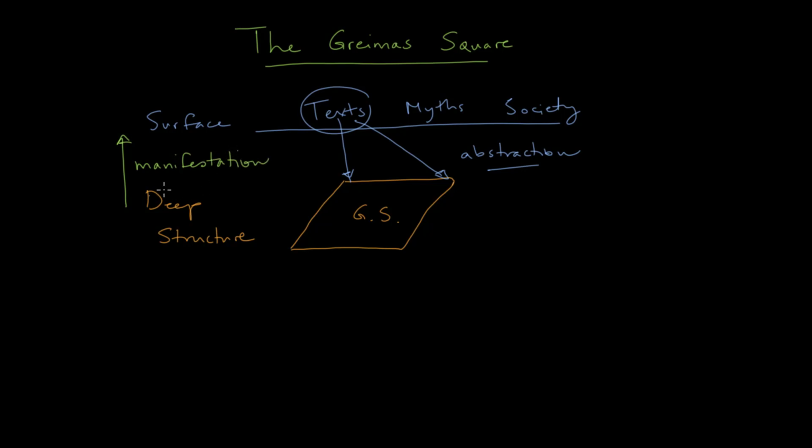There's somewhat of a link here, I think, also between somebody like Greimas and somebody like Freud. When Freud talks about dreams, for instance, the interpretation of dreams, he talks about manifest content, right, the stuff that you see, and then latent content, the stuff that's kind of hidden. Although in Freud, there tends to be more of a distortion happening.